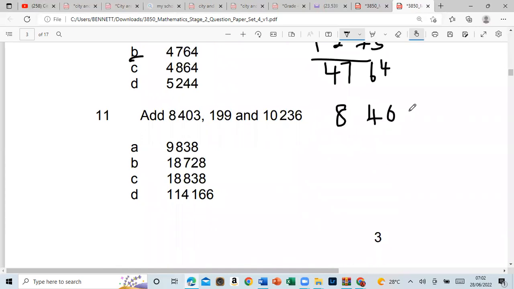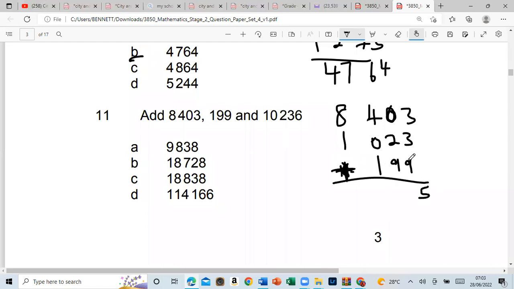Add 8,403, 10,236, 199. All right, so units and units, tens and tens, hundreds and hundreds, thousands and thousands. This plus this, this is a 99. 9 and 3, 12, and that's 15. Carry 1. That's 2. Carry 1.